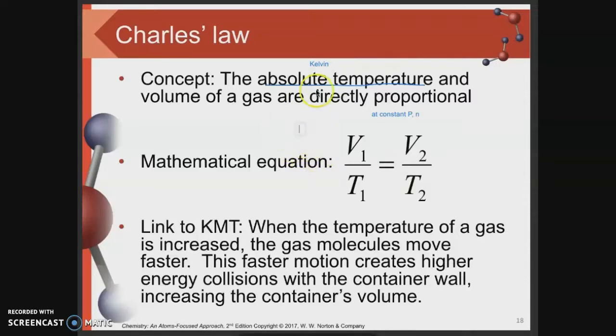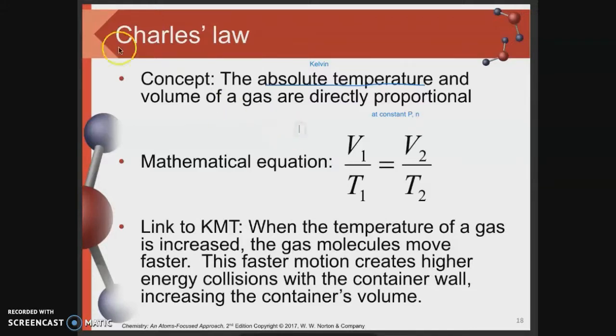Now, these are directly proportional quantities. And again, that should make sense to you. If you think about a hot air balloon, you see an expansion of gas because of the heating of that gas. And so that causes the hot air balloon to inflate and to become larger. And that is ultimately what causes the air inside to become more buoyant, and the hot air balloon goes up in the air.